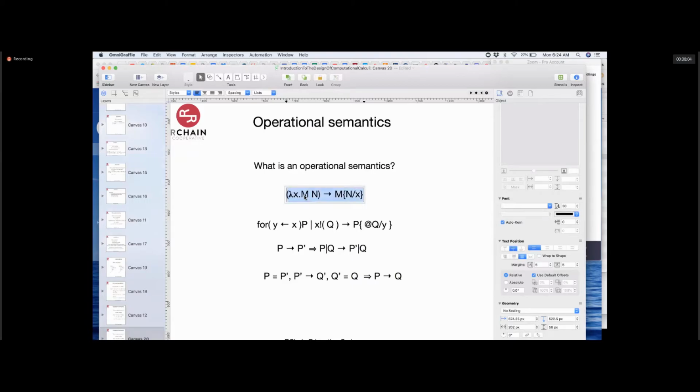The first thing I'm going to do is talk about a relationship between processes that's reminiscent of the kind of relationship that we intuit when we write down the idea that antimatter and matter annihilate one another. So this idea that there's a sort of dual counterpart that annihilates the other is something that we see in physics and is a part of a lot of models of the physical world.